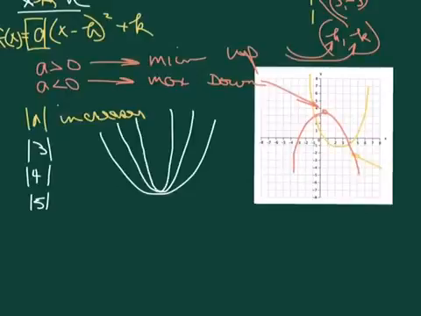So see how it's narrowing? The distance between here gets smaller and smaller as that number gets bigger and bigger. And as this number gets smaller, the width of this gets wider and wider. Okay? Until it gets to 0.